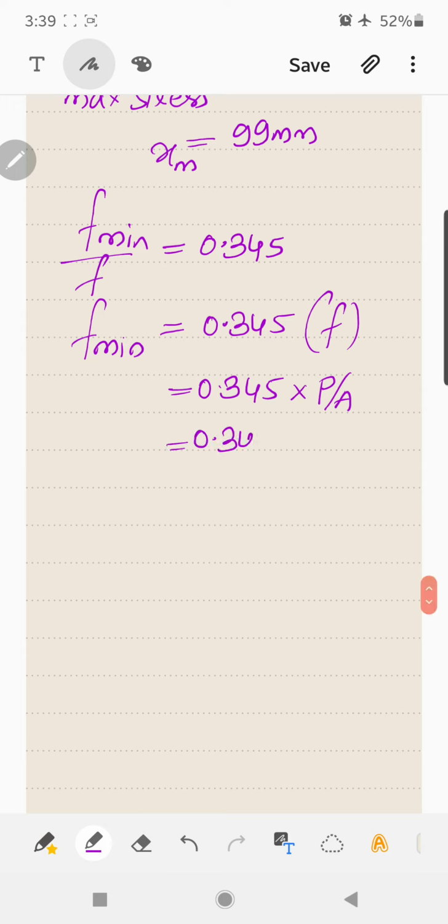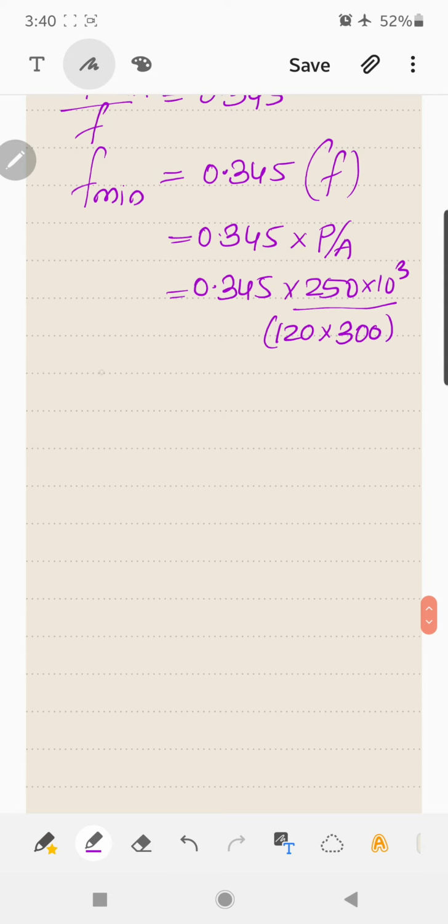So 0.345 into 250 into 10 to the power of 3 divided by a, 120 by 300. If you calculate, you will get the principal tensile stress f minimum as 2.4 Newton per mm square.